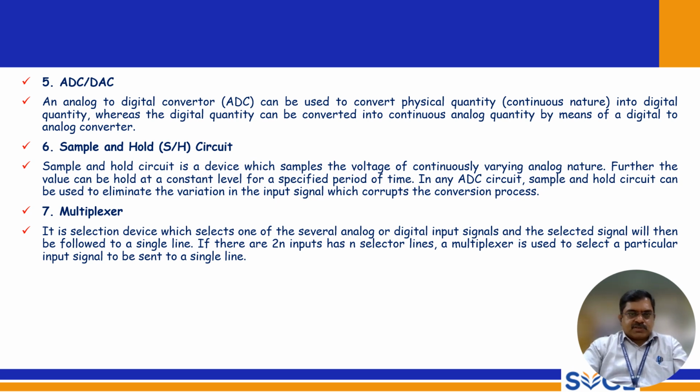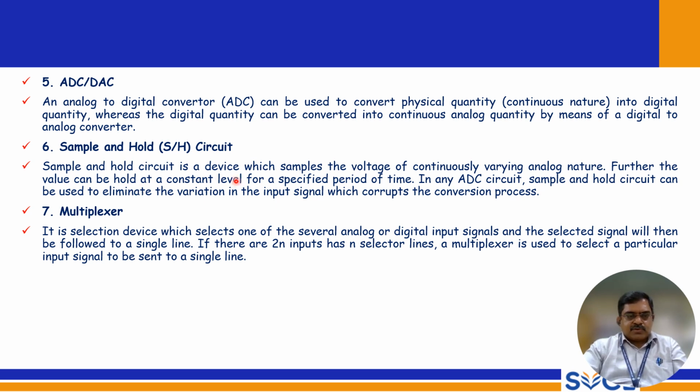So the next component is ADC and DAC, analog to digital and digital to analog conversion. An ADC can be used to convert a physical quantity of continuous nature into a digital quantity, whereas the digital quantity can be converted into a continuous analog quantity by means of a digital to analog converter. And then we have the sample and hold circuit. Already we have seen the sample and hold circuit in detail in an earlier unit.